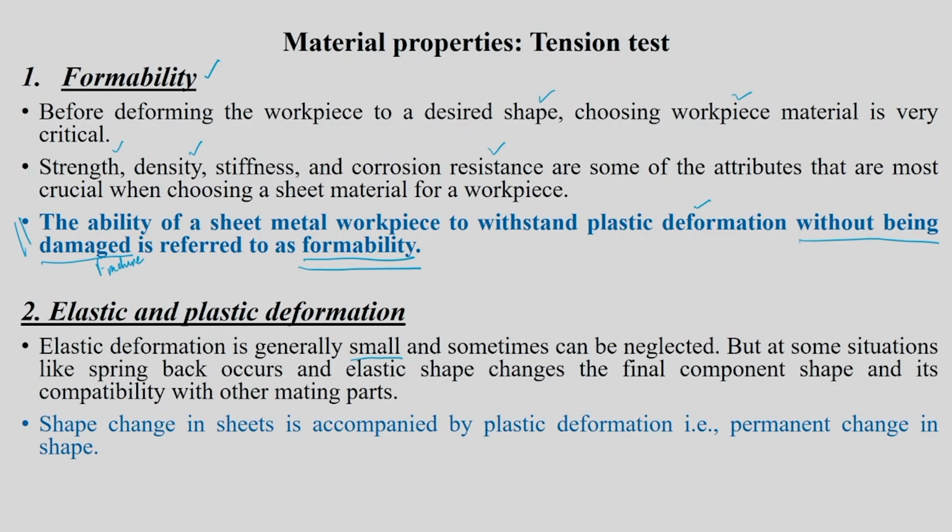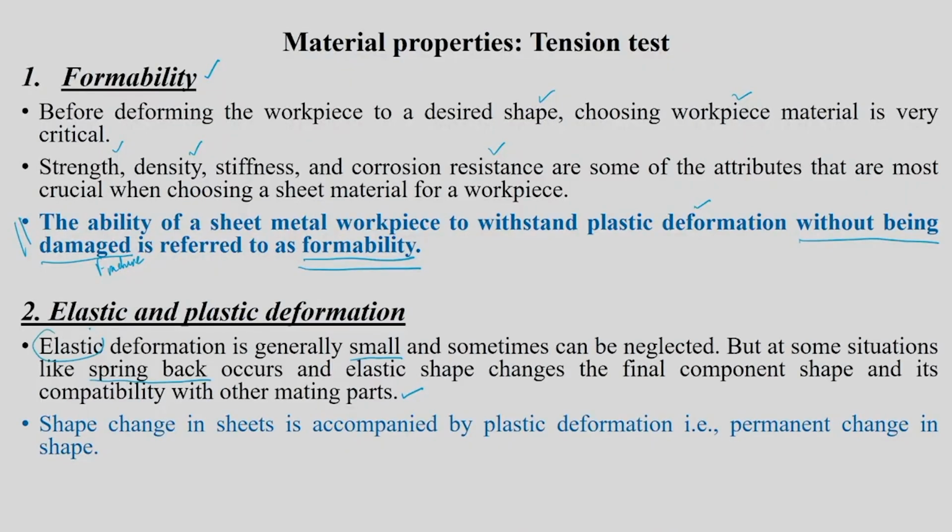But in certain situations like spring back, which we will see here, which is nothing but something called elastic recovery, wherever spring back occurs, the elastic recovery changes the final component shape and it is incompatible with other mating parts. So it's going to disturb two things: one, shape change, and it is also going to disturb its compatibility with the other mating parts. In that type of situation, the elastic deformation should not be neglected. Otherwise, whenever you go for large plastic deformation, elastic deformation can generally be neglected if it does not have any other problem like this when you go for modeling.